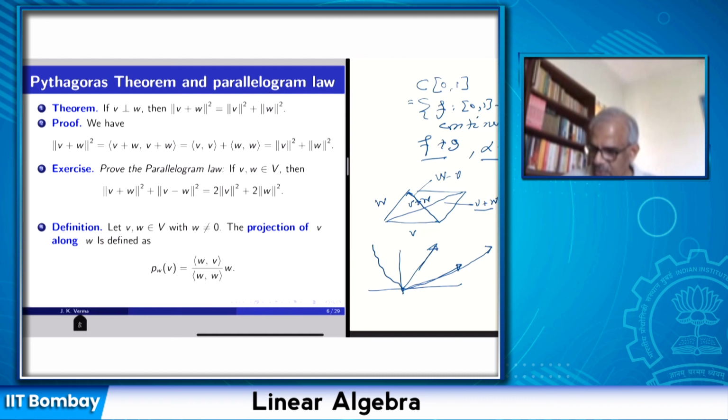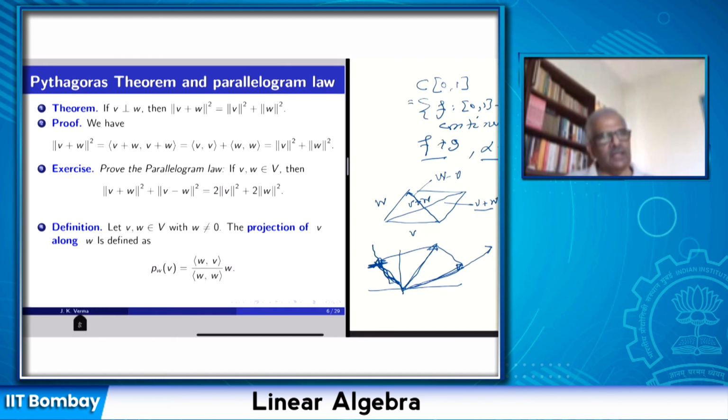So I have to decompose this force vector into two components. One is in the direction of the movement of the particle, and another is perpendicular. This perpendicular vector has no effect on the motion of the particle. It is the other vector, in the direction of movement of the particle, that has effect on the movement.